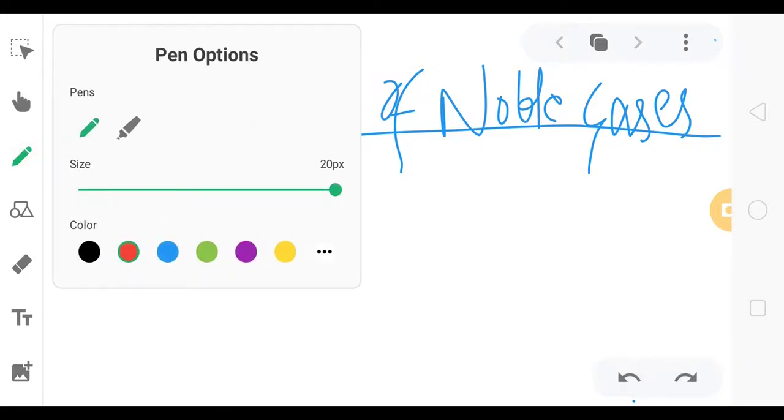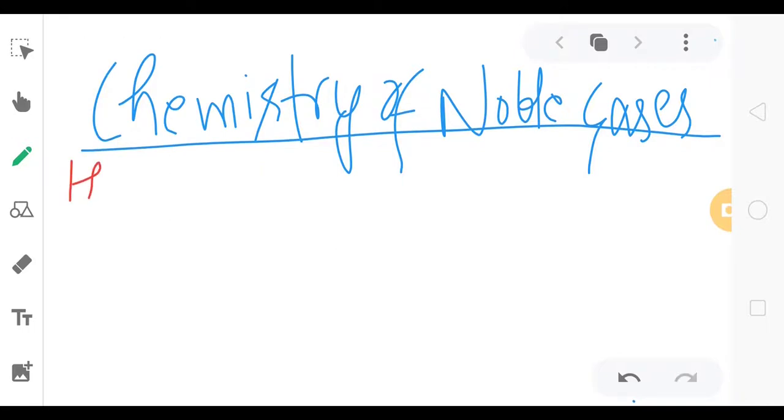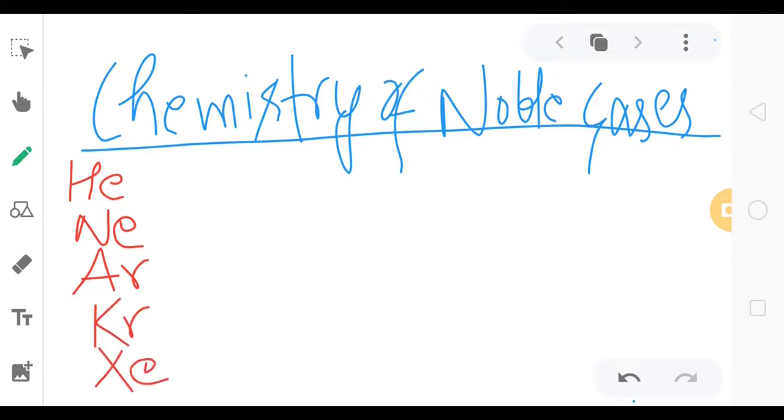So yeah, helium, neon, argon, krypton, xenon. We will talk about all these gases, right? We will not talk about radon because it is radioactive.